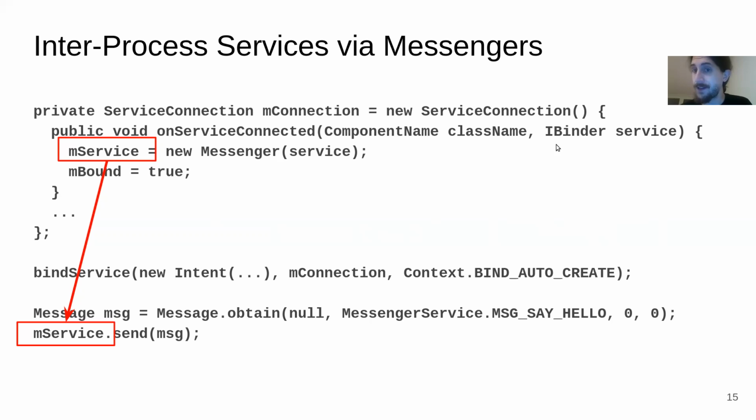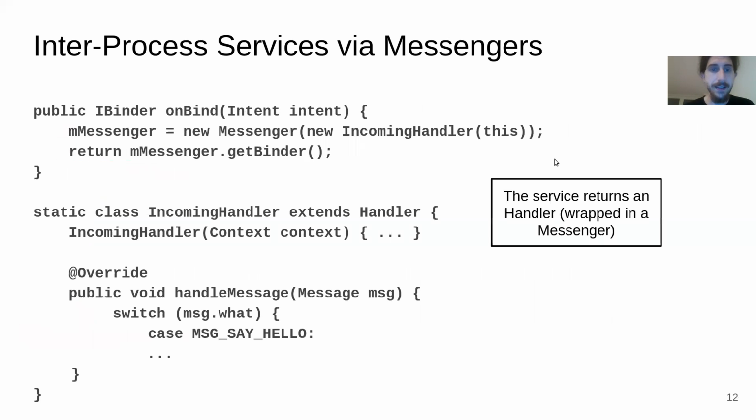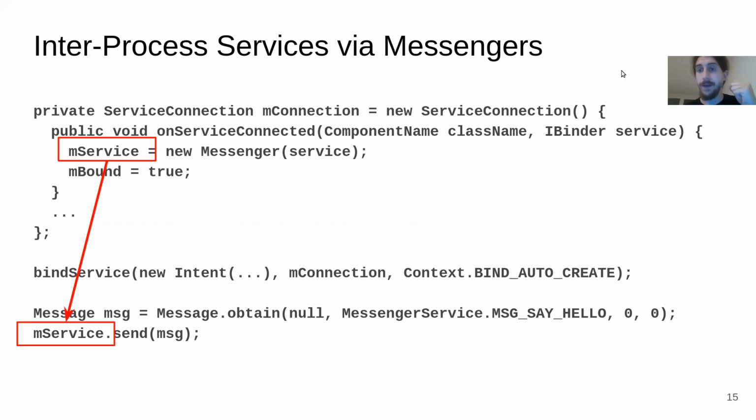This should sound familiar. Going back one slide, in the onBind we get this messenger, and then messenger.getBinder returns an IBinder, and this is returned to the caller. And now we are here.